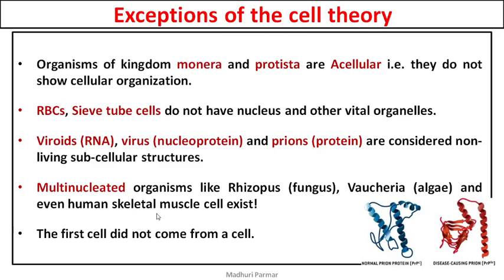And finally, the first ever cell to exist on this earth, the first ever life, did not come from a cell. So that cell is also an exception of the cell theory. It did not come from a pre-existing cell.